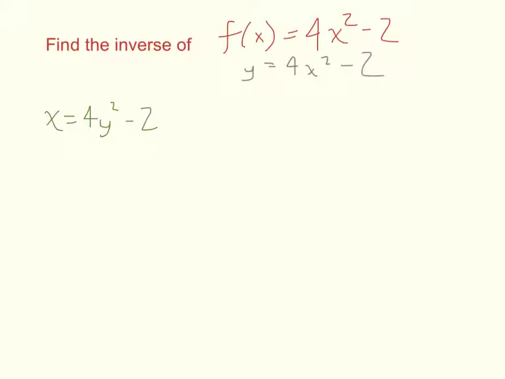Get the y by itself, so we add 2 to both sides, so we get x plus 2 equals 4y squared.